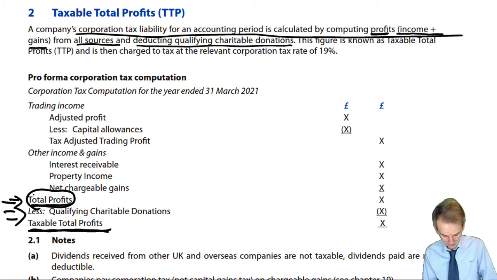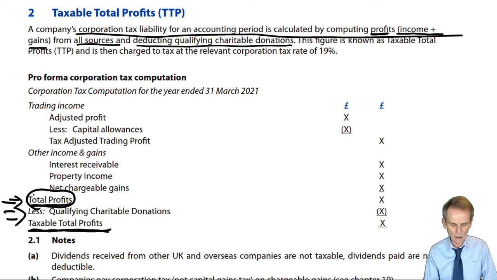Those total profits are made up, of course, of all the sources of taxable worldwide income and gains, and all the usual suspects, with one major exception that we noted last time, but all the usual things that we saw within an income tax computation will feature here within the corporate tax computation. All we need to know is the basis of including them within the corporate tax computation where appropriate.